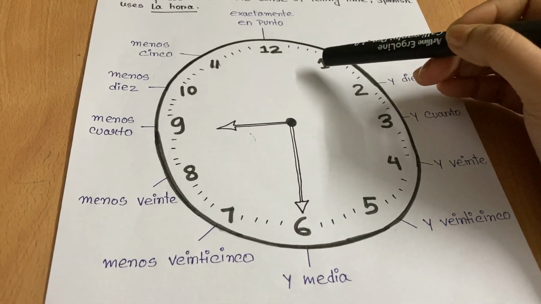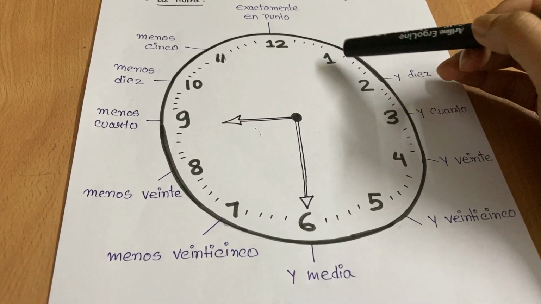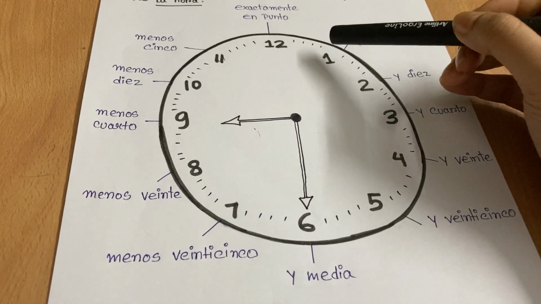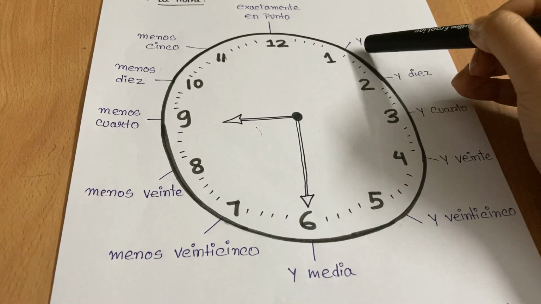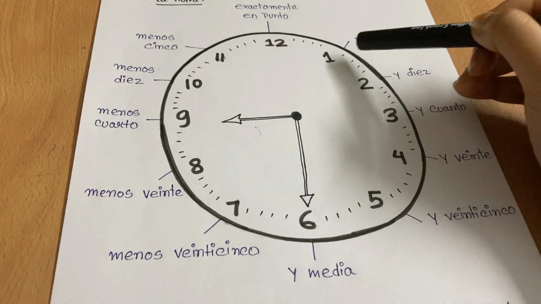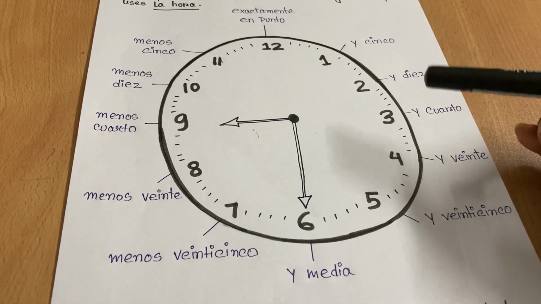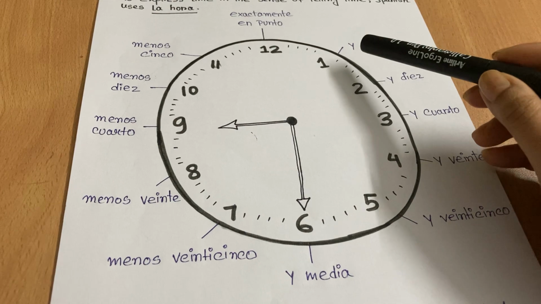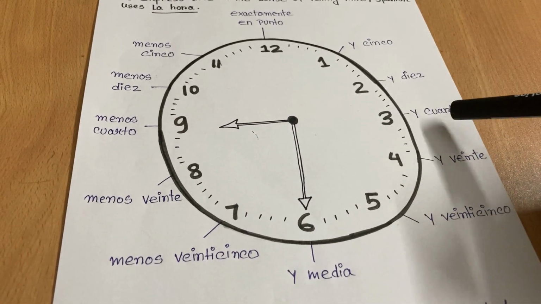Like if I want to say 1:05, then how can we say it? Then we'll be saying es la una y cinco. Es la una y cinco. That means when we talk about an hour with minutes, then we have to add on this y cinco, y diez, y cuarto.